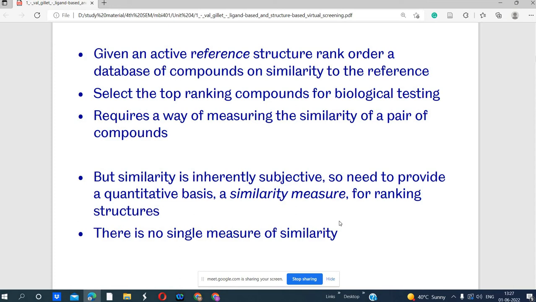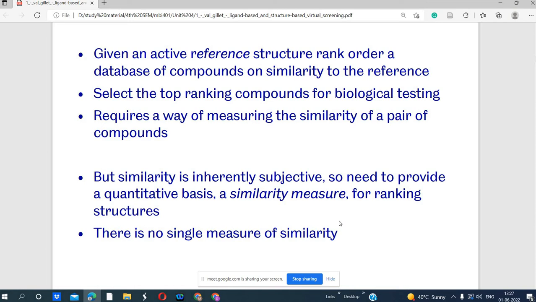Now select the top ranking compounds for biological testing. Among these we can select a few compounds for biological testing, because using the reference structure we are ranking the unknown compounds. If a compound shows similarity to the reference structure, then it is good and we can rank it for biological testing.